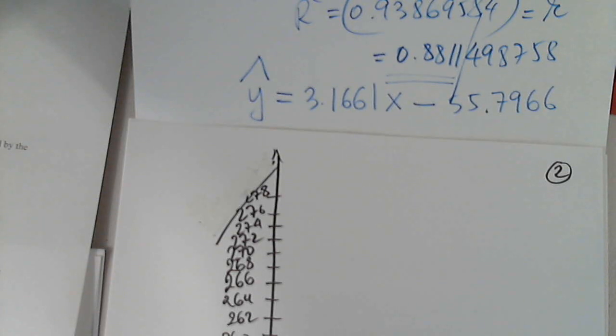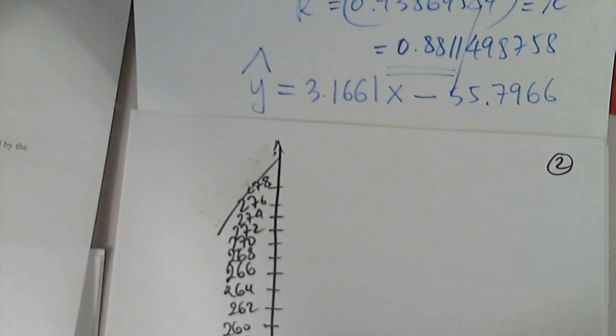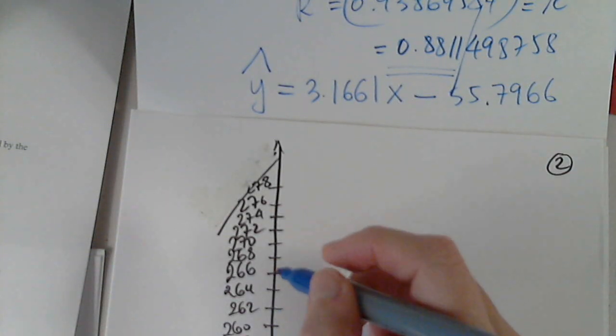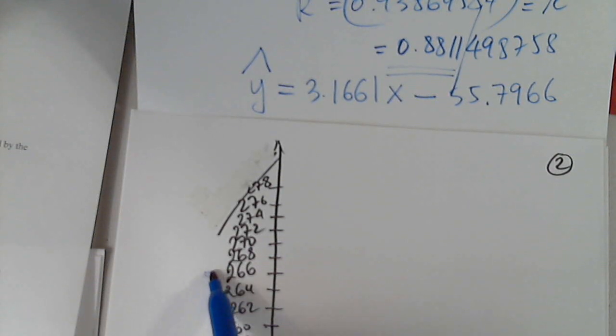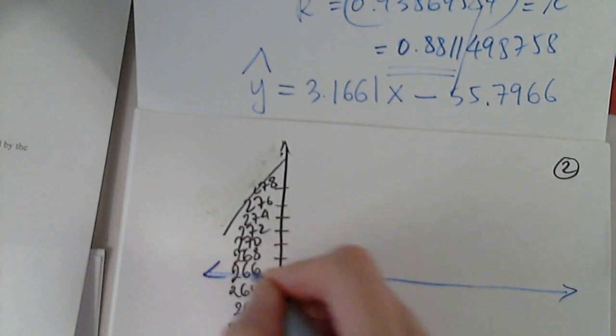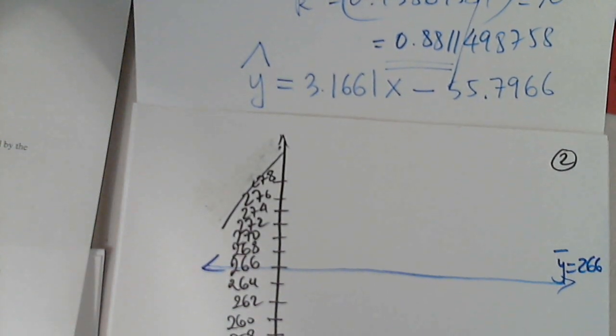Okay, so I'm plotting the data. I'm also plotting this point, which is at 101, somewhere here. This is x bar, and 266. I'm going to draw a horizontal line that represents y bar, 266. Of course, it's 266.75.